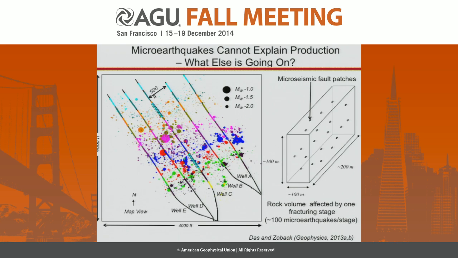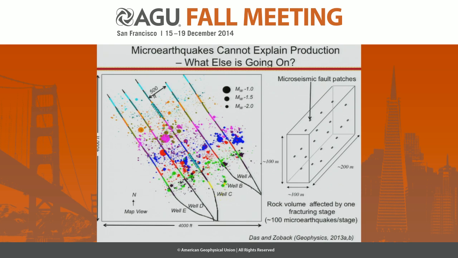So if you take about 100 of those events per stage, which is fairly typical, and you distribute them through the volume of say, one hydrofrac stage, where the hydrofrac is about 100 meters high, the interval here is about 100 meters or so, and it's going 100 or 200 meters.